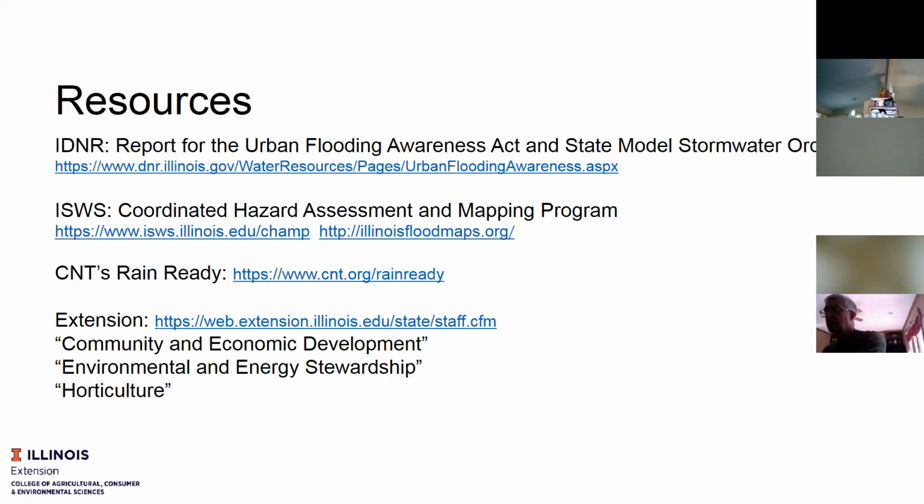And of course, Extension, who I work with, has folks all over the state that can help. If you go to the link that I show there, there's a drop-down menu when you look under staff, and the folks that you want to look for are either in community and economic development, environmental and energy stewardship, and horticulture.